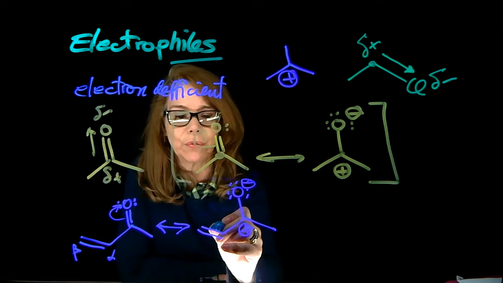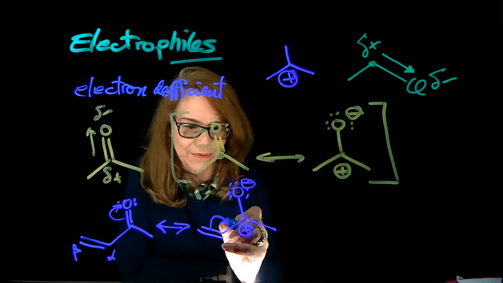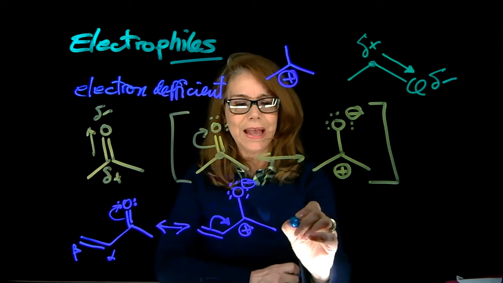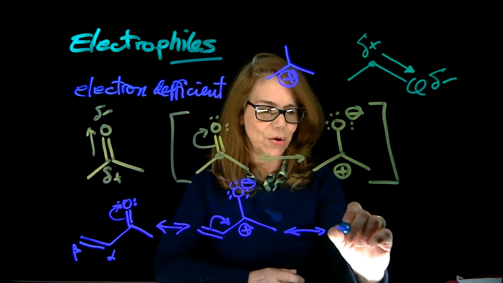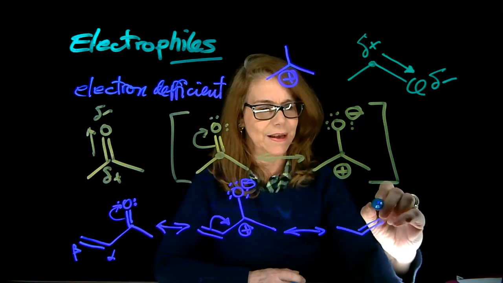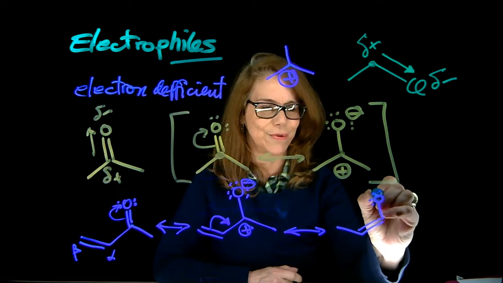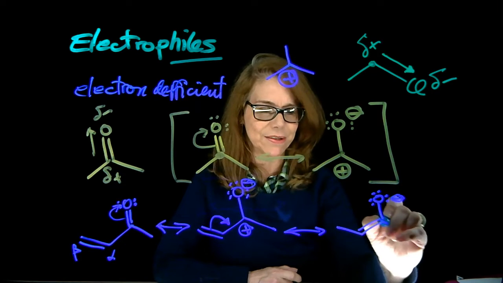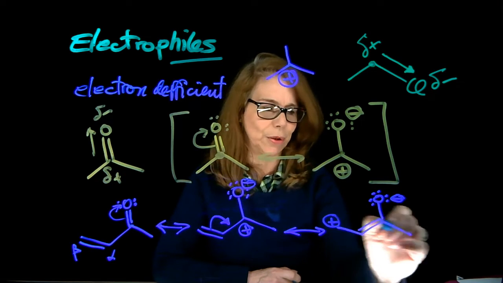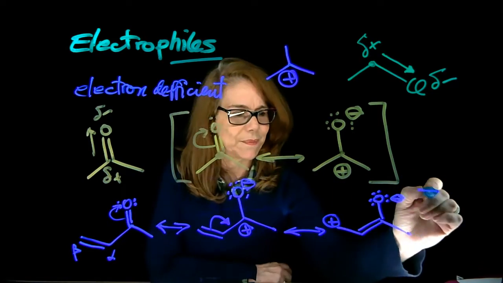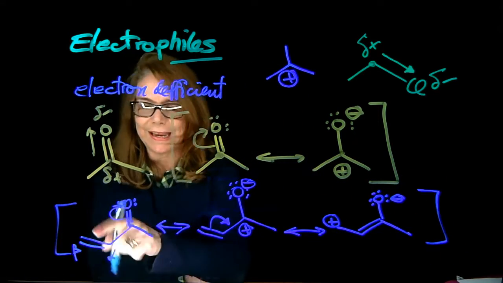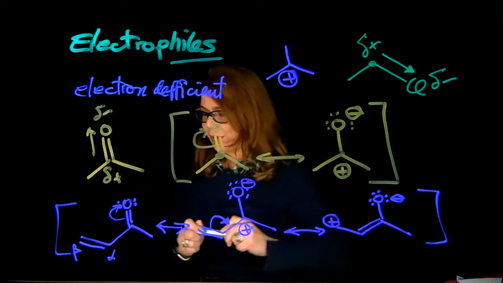So we can do more resonance. We can move these electrons over here, and in doing so we create another resonance structure, in which I now have a formal positive charge at the beta carbon with respect to the carbonyl.